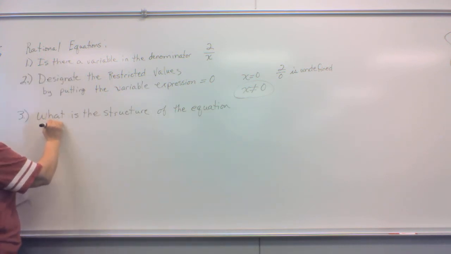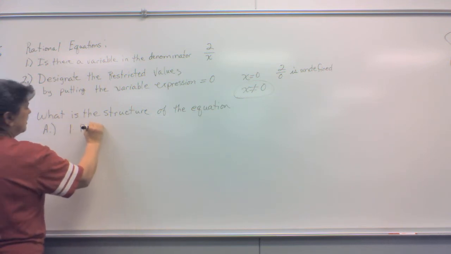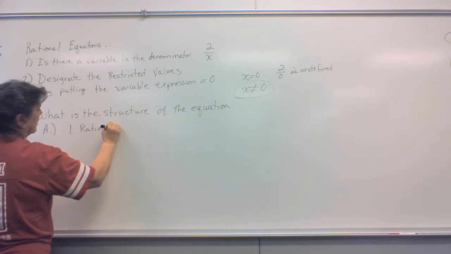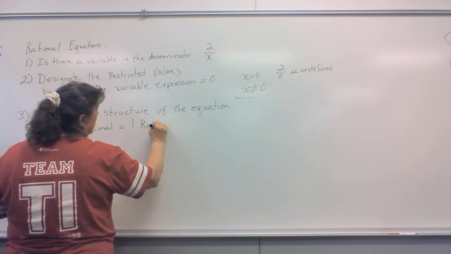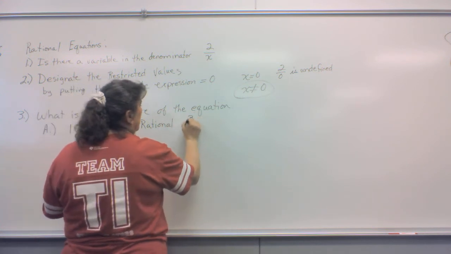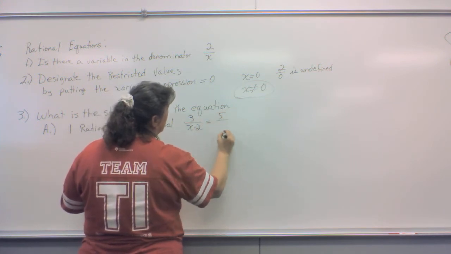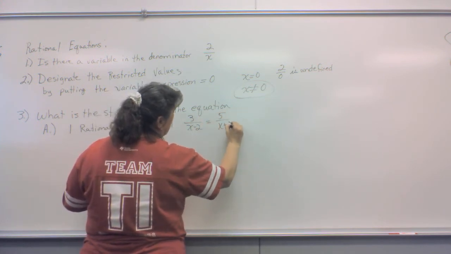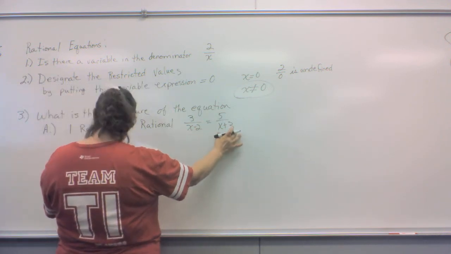Structure A: one rational term equal to one rational term. Here would be an example: 3 over x minus 2 equal to 5 over x plus 3. Okay? One rational term equal to one rational term.